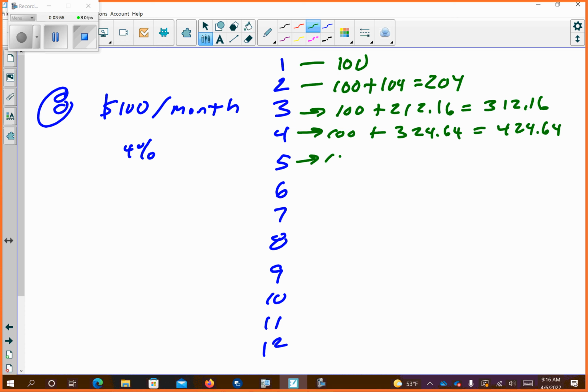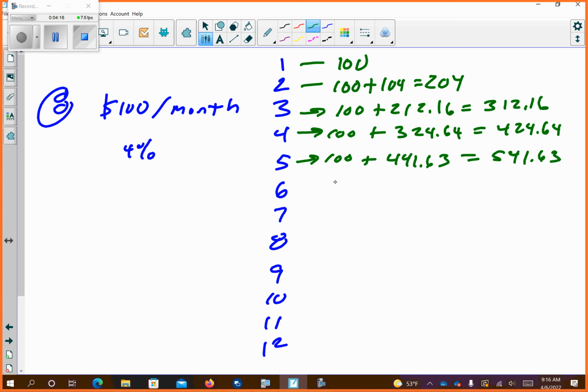Fifth month, put another $100 in, and times 1.04. 541.63.